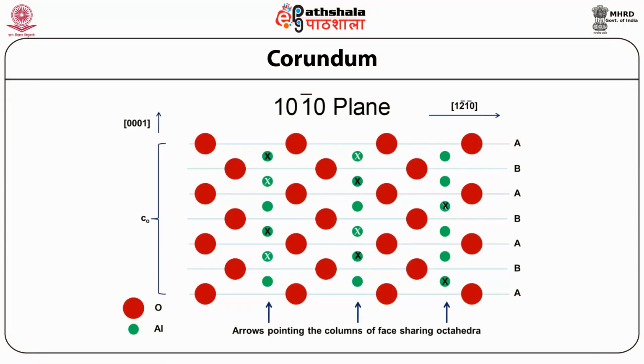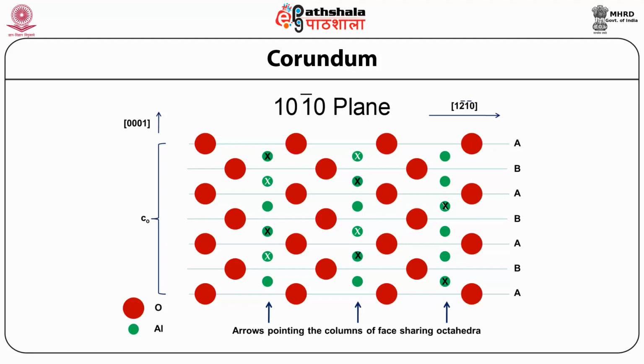So students, you can see a view of the 101̄0 plane of corundum, where you can see the arrangement of atoms of oxygen as well as aluminium. In this case, the arrangement of atoms is A, B, A, B, A, B and so on.